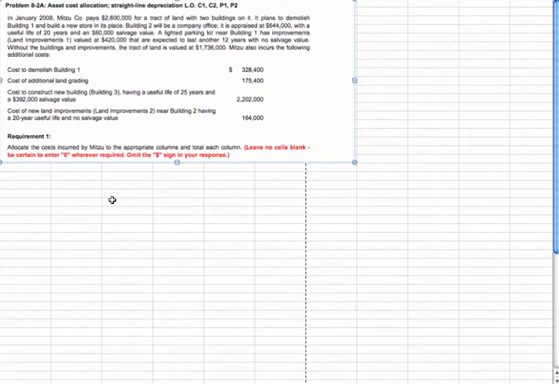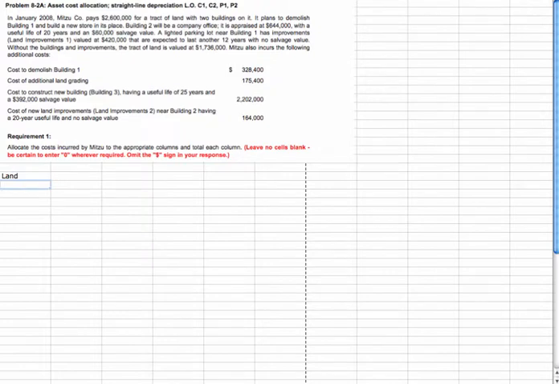What we talked about in the lecture online is that when you make a bulk purchase, you need to allocate the purchase price amongst all the items that are going to be used. We normally use the appraised value of those items to determine what the cost is going to be. So we have the land that we're purchasing.